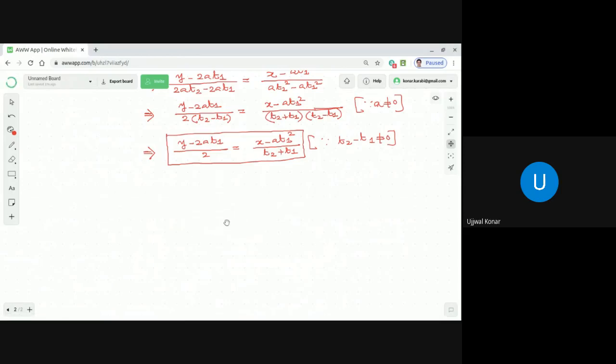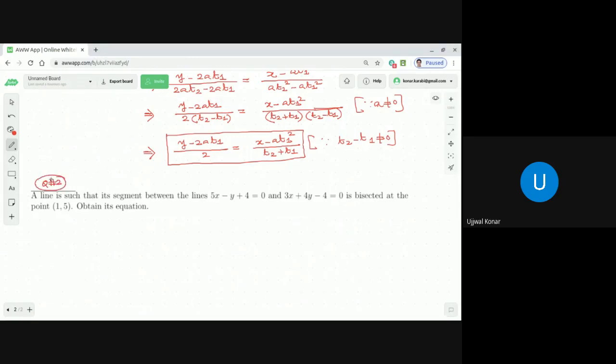A line is such that its segment between the lines 5x minus y plus 4 equal to 0 and 3x plus 4y minus 4 equal to 0 is bisected at the point (1, 5), and we need to obtain its equation.